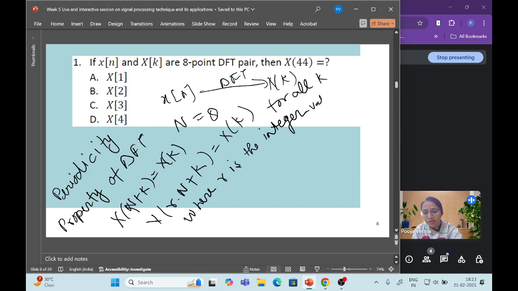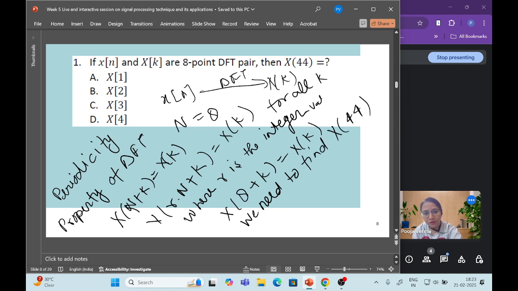So it is given that it is an 8-point DFT. That means the DFT is periodic with 8, so we can write x of 8 plus k is equal to x of k. We need to find x of 44. So at which integer value if we multiply, then we will get 44?